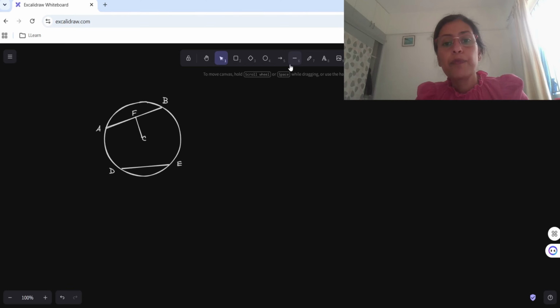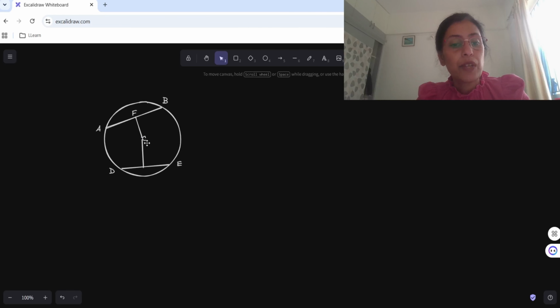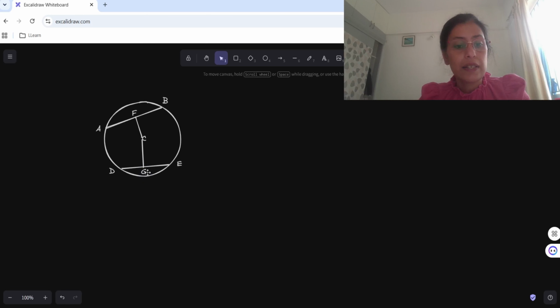Similarly, I will draw another perpendicular from the center C to the chord DE. I'll name the point where it intersects the chord G.